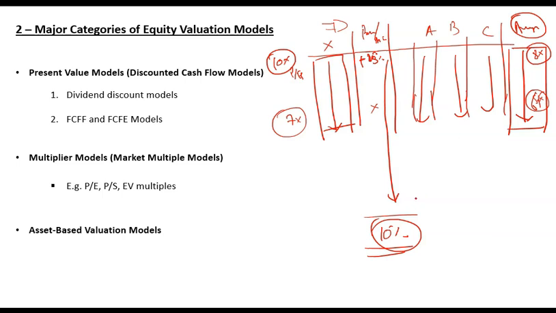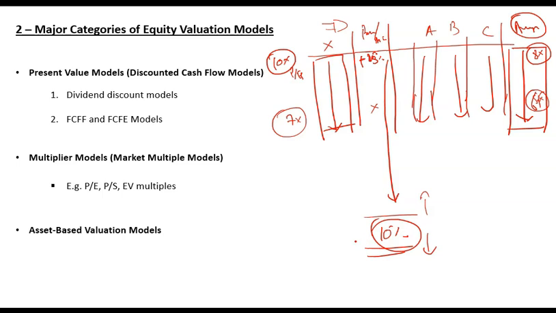Now the next question that I would ask myself is whether everything is the same as in the past. Is this company as good as it used to be compared to competitors or the industry, or is it doing better than the industry now, or is it doing worse? Based on that, I can inflate or deflate this premium.